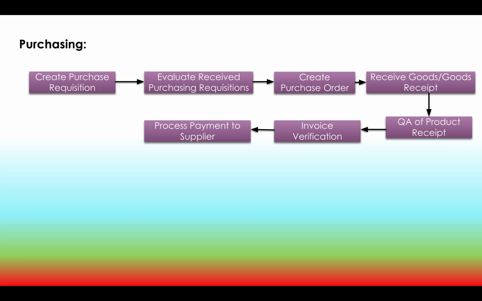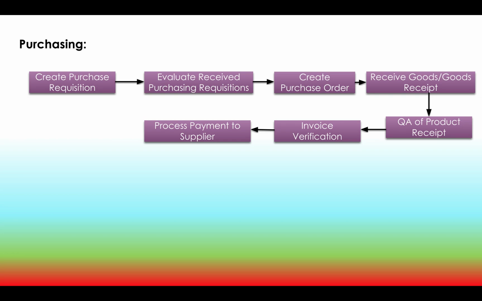Indirect material is material which is not used directly for making a product, like office supplies, or any material which can be used indirectly for production, like machines or paper.